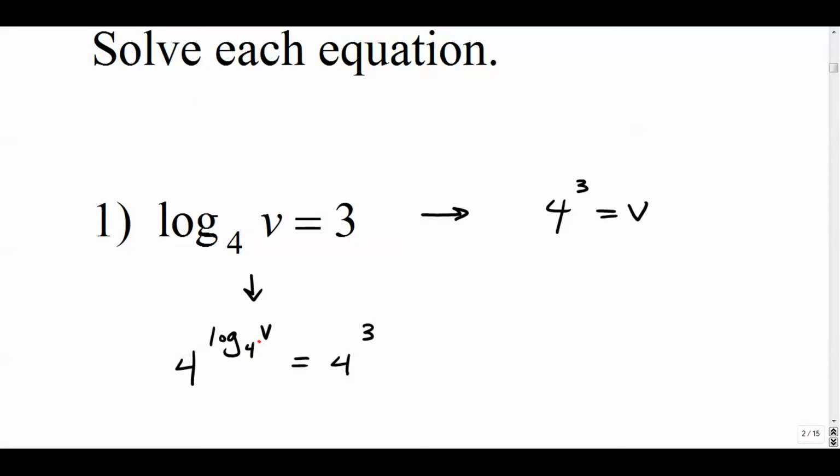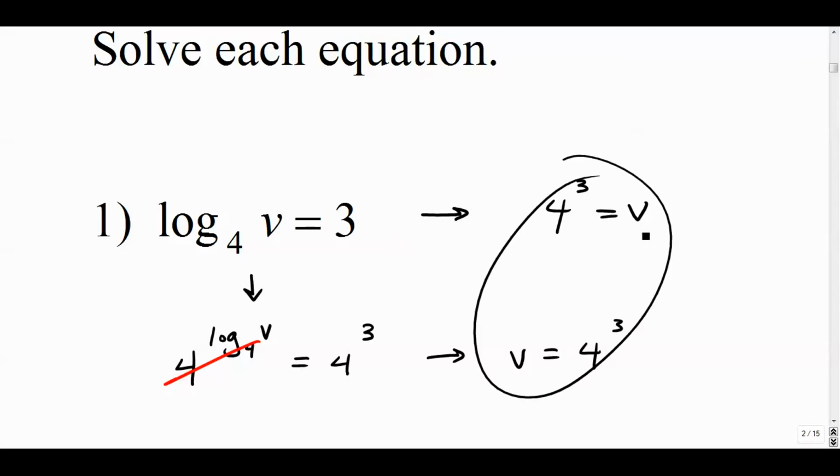The reason I would do this is to cancel these out. So now I would get v equals 4 to the third, and you can see they're the same thing.